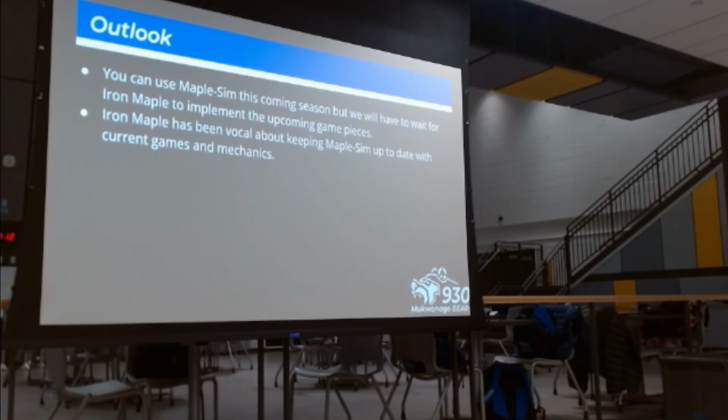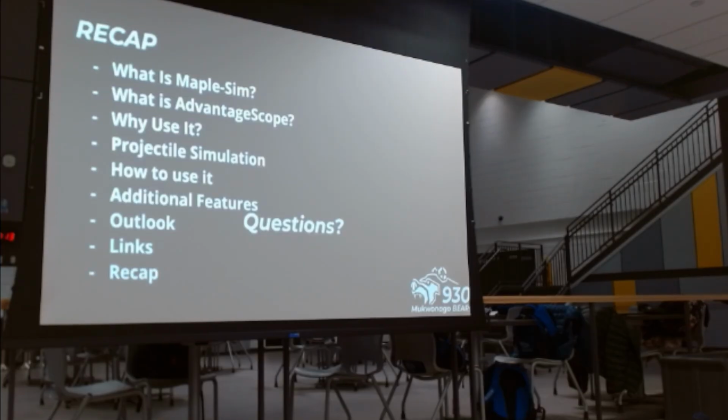It's essentially going to be like an orphan project where anyone who wants to can pick it up and contribute to it. And then Iron Maple is just going to be administrating it, making sure that nobody uploads bad code to it. But most of it is going to be run by the community in the future. And on Team 930, we're hoping that we might be able to help out with development of MapleSim in future years.